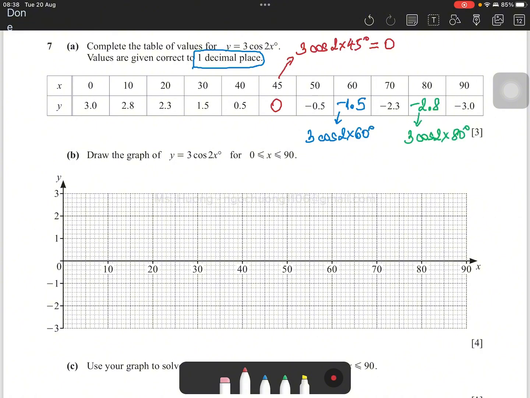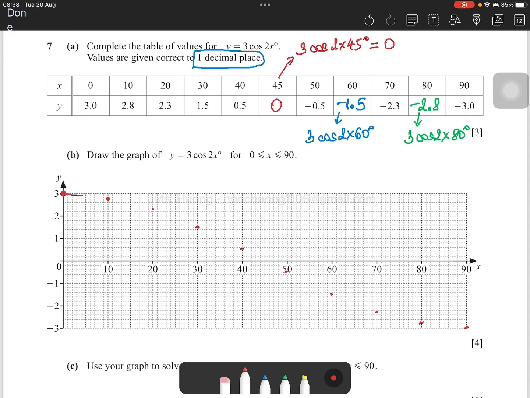So now we'll plot these points on the graph. The first one 0, 3, 10, 2.8, 20, 2.3, 30, 1.5, 40, 0.5, 50, negative 0.5, 60, negative 1.5, 70, negative 2.3, 80, negative 2.8, 90, negative 3.